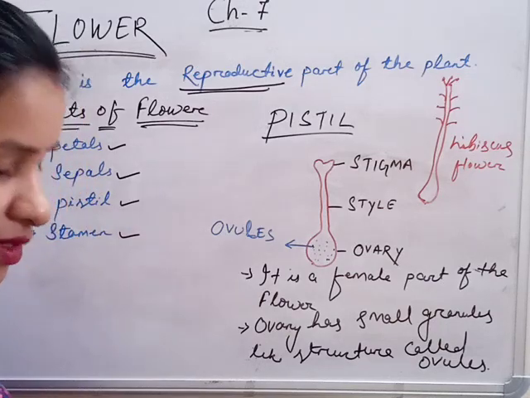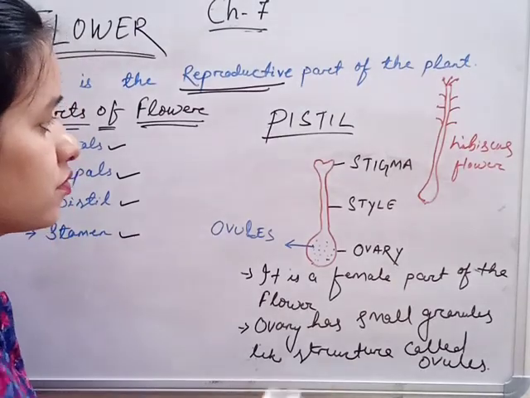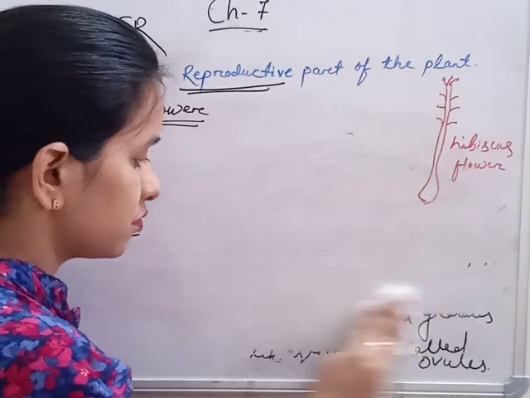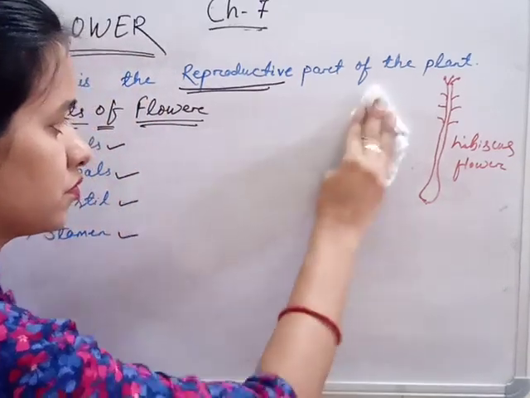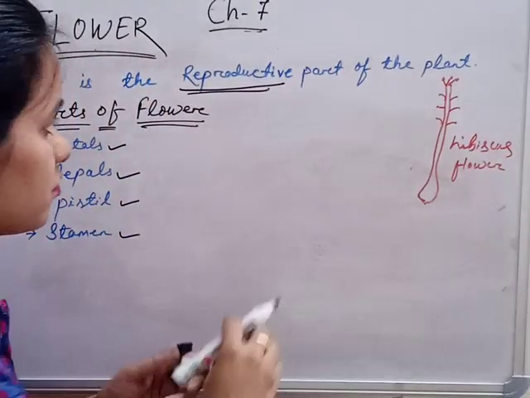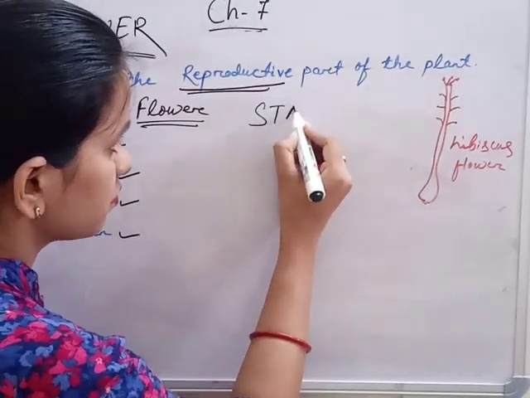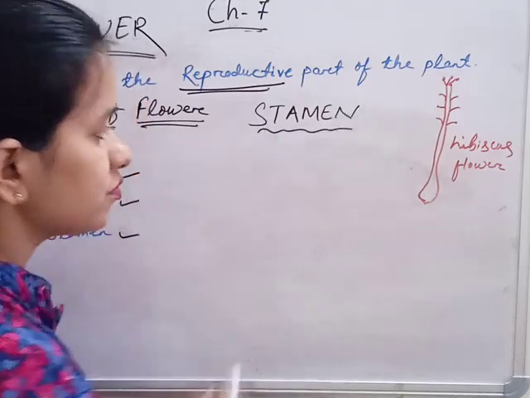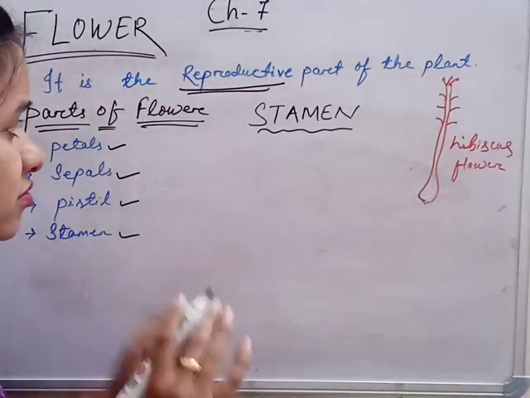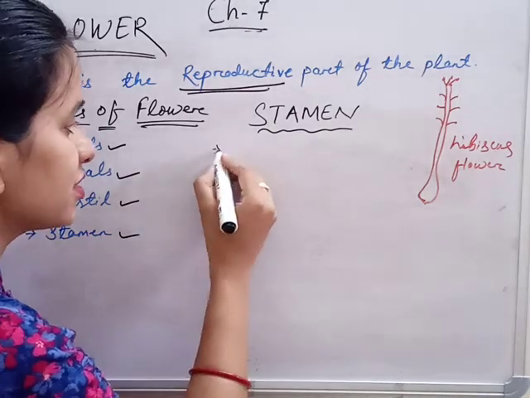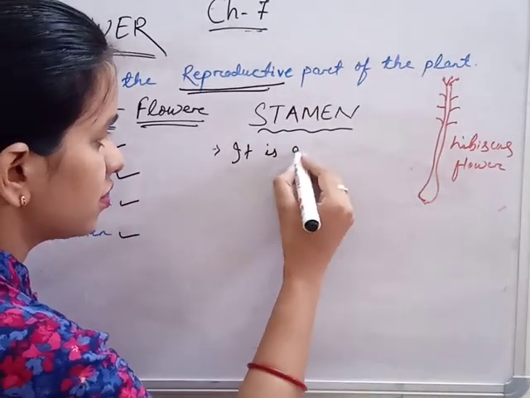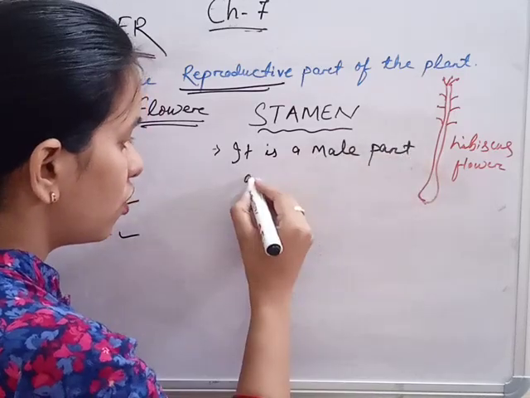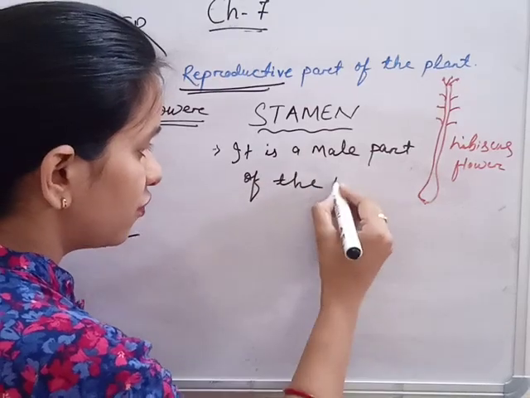Next, move to the stamen. So the stamen is a male part of the flower.